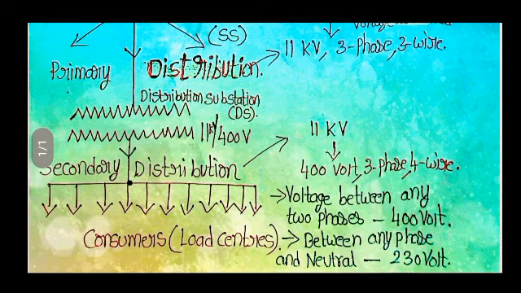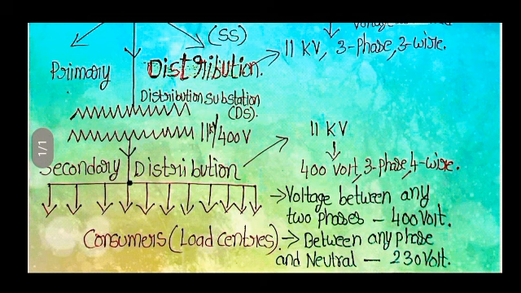Generally the power generating stations are far away from the urban areas where consumers are located. Hence, in order to fulfill the above tasks, an extensive network of conductors between the power stations and consumers is required.